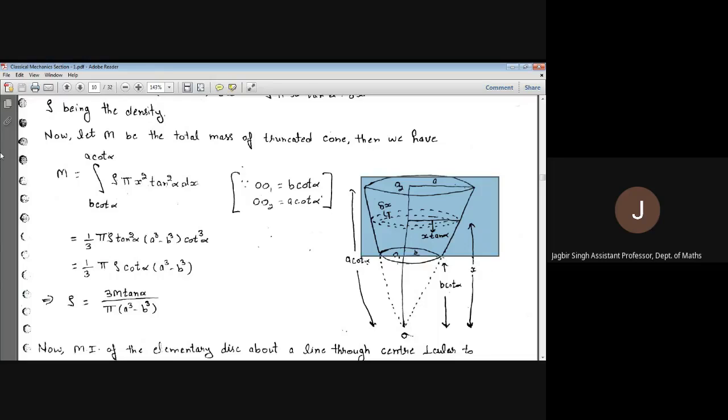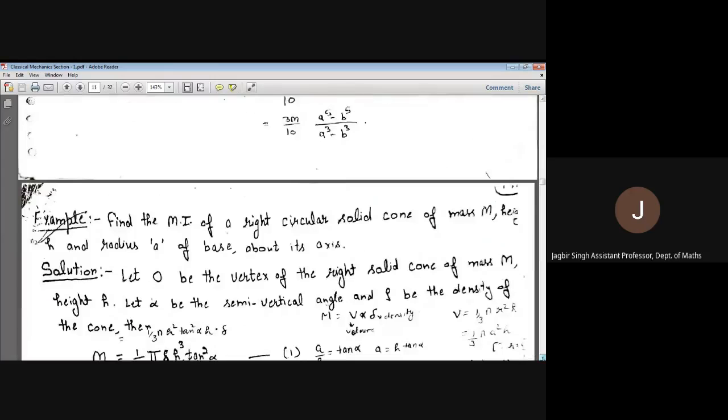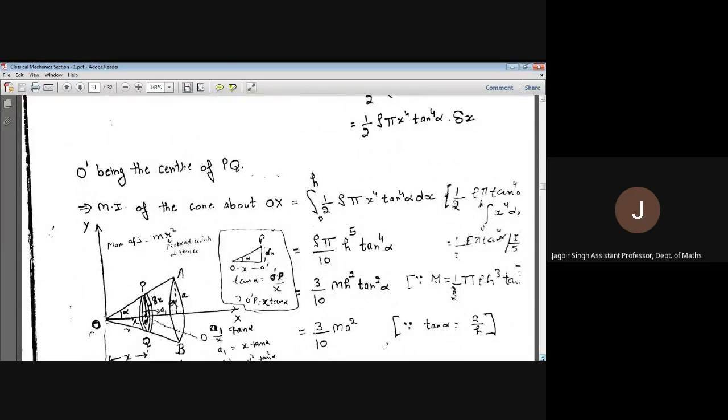And if we have to find the moment of inertia of the whole cone, then we integrate from 0 to a cot alpha. And if height h is given, then the limits of integration will be 0 to h. We will discuss this article later on, so we will skip it here. A solid cone is given, so here the limits are 0 to h.